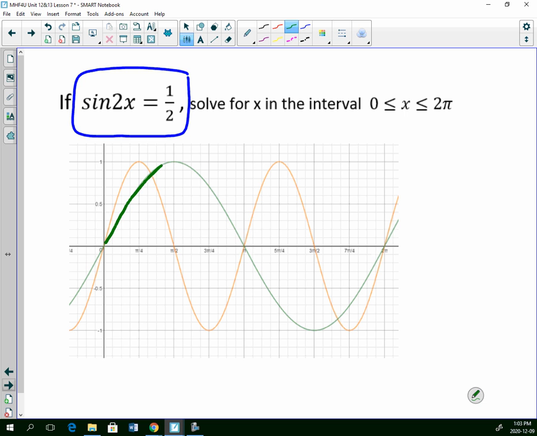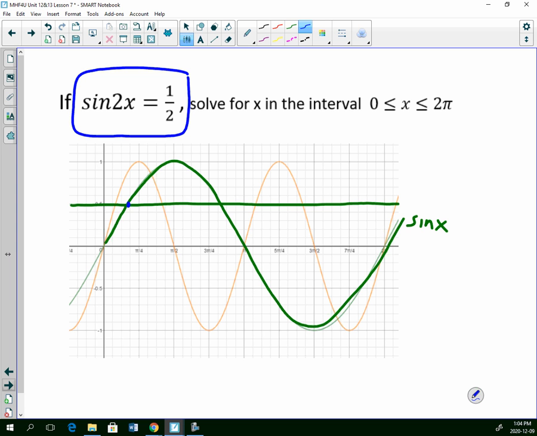So this green line here is sine. So if I wanted to look at the graph and figure out where sine x is 1/2, well, here's a half. So there would be an answer here, whatever that may be, and there would be an answer here.